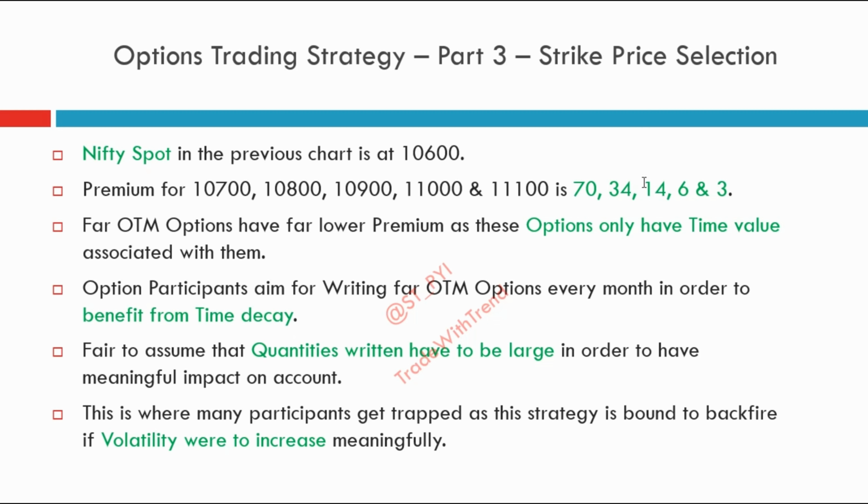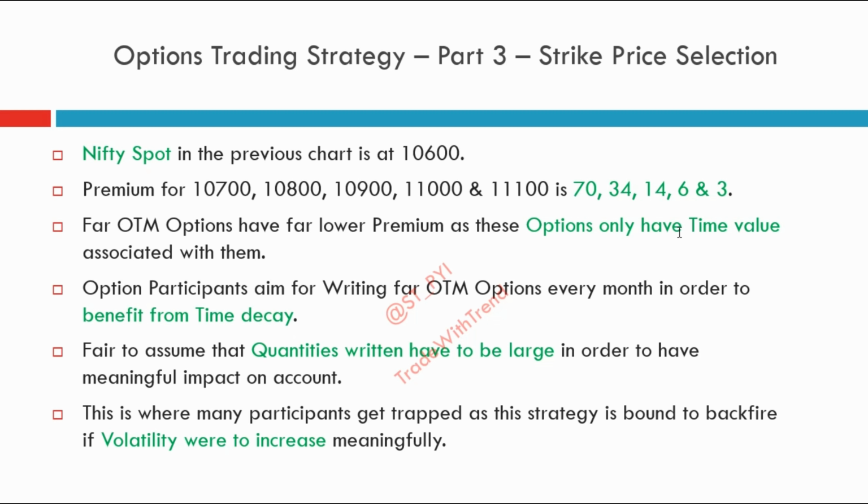That is why you should be pocketing this 14 rupees, 6 rupees and 3 rupees premium. While this is partially true that quite often Nifty does not go from 10,600 to 11,000 with just 10 days left, unless there is some strong momentum or event that takes place in the market, the possibility always exists.